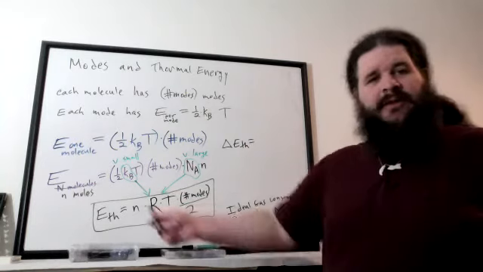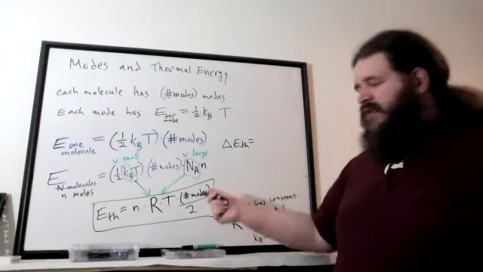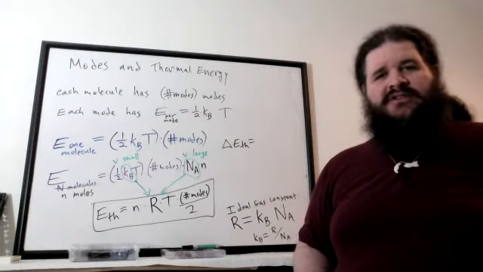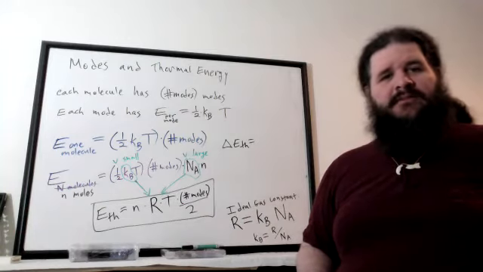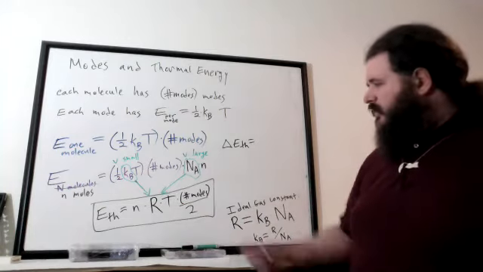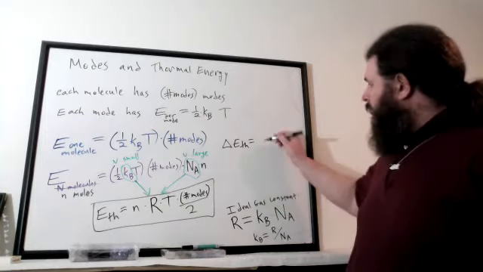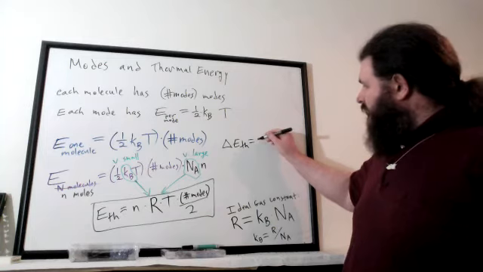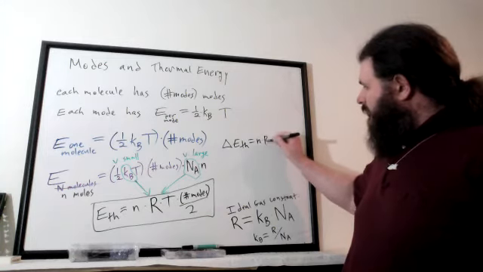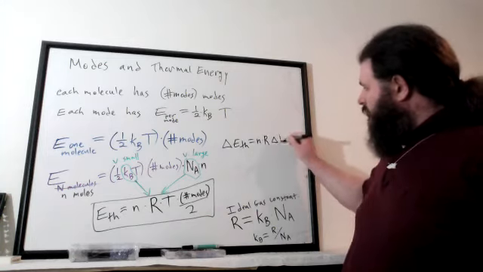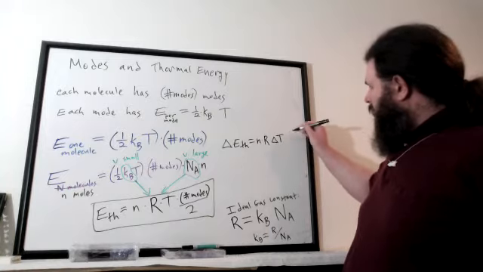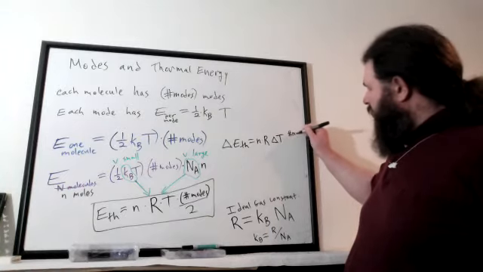You're not changing how much of the substance there is, and you're probably not changing the number of modes unless you're adding so much heat that you activate modes that were previously frozen out. So we would generally assume number of modes is constant for small changes in energy. So we can factor out everything else as constants. N is a constant, R is a constant, temperature is presumably changing, and number of modes would probably be constant.